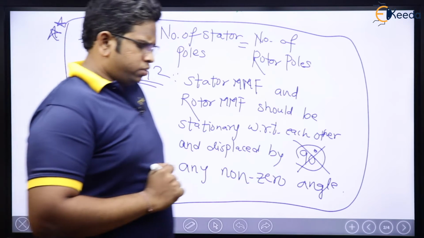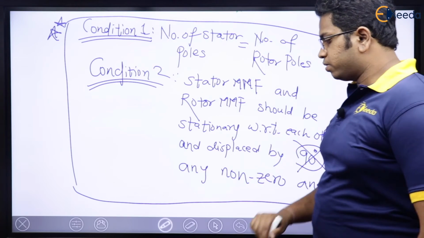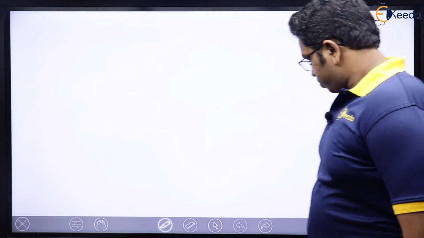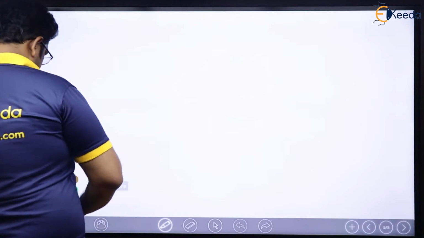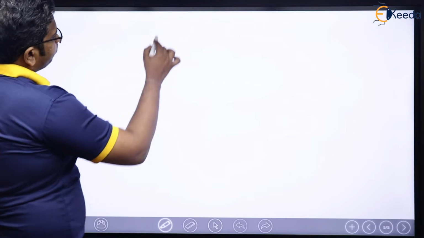Now, let us talk a bit about the commutator. What is a commutator? Let us see. See here, let me have a north pole.